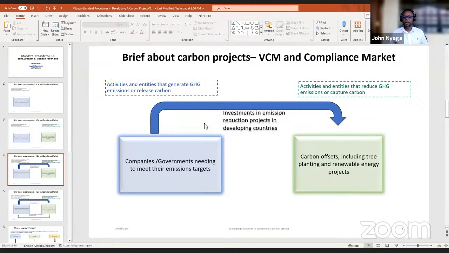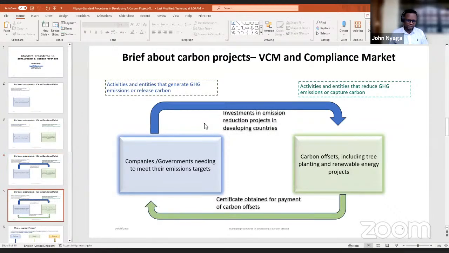Then what does the person who is providing the investment get in return? What they usually get is what we call a certificate for payment of carbon offsets, or they can get the verified emission reductions. This is practically a certificate that shows you've been able to reduce this amount of emissions, and it has a monetary value. It's an asset, okay?